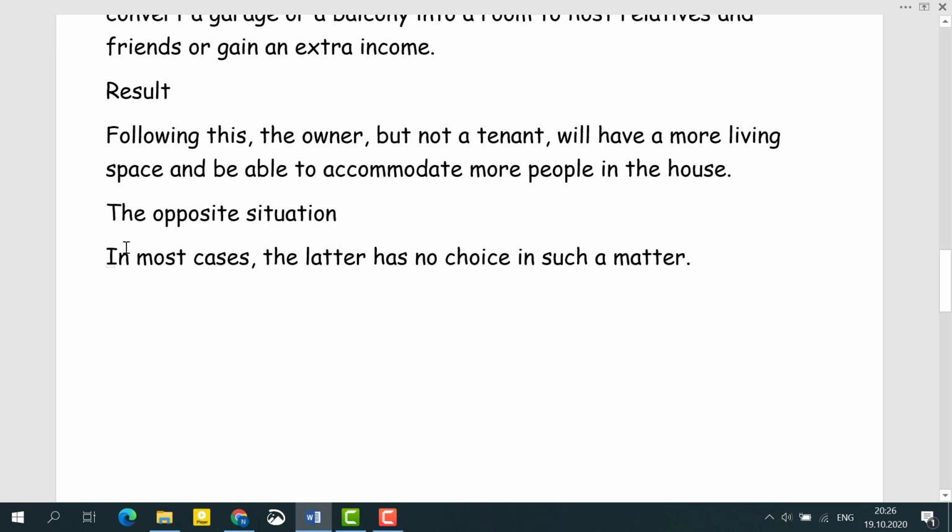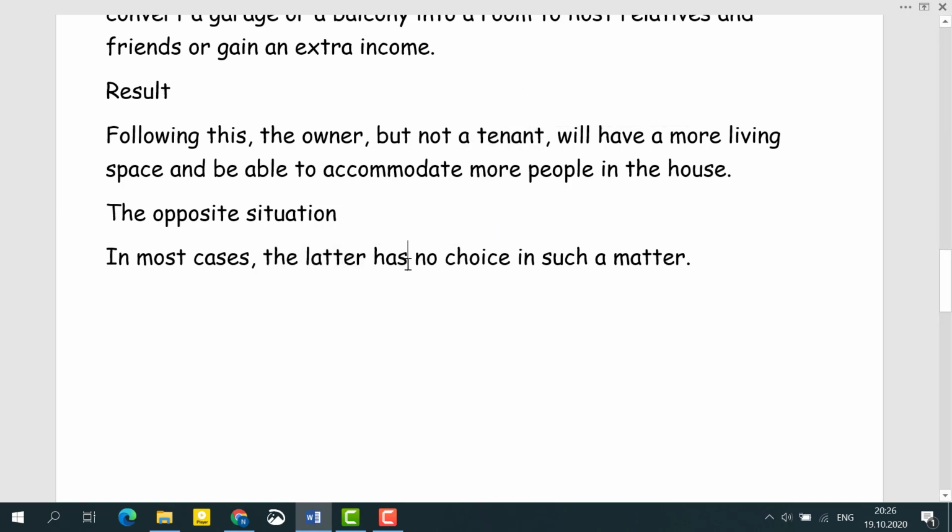Here you have to be careful. You don't want to say in all cases, you just want to say in most cases. The latter means the second person or the second object that we have mentioned. Here we said the owner, so this is the first one, and a tenant is the second one, and therefore the latter is referring to a tenant.